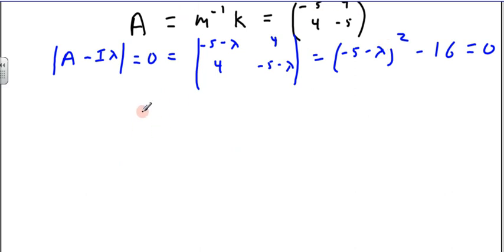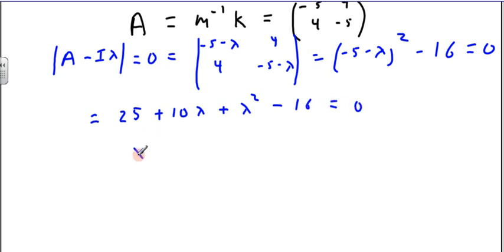Okay, so I've got 25 plus 10 lambda plus lambda squared minus 16 is 0.